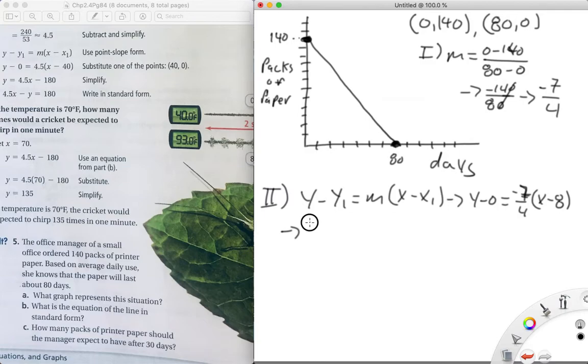So y minus 0 equals negative 7 over 4 times x minus 80. I'm multiplying that whole thing by 4 across the board. What happens is that 4 is going to cancel down there.